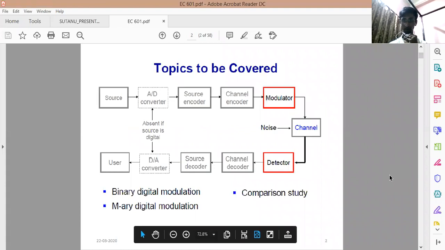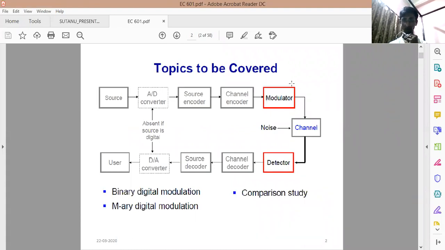This is the first issue where you will get this modulator. Before that, the rest of the parts related to baseband modulation. There are two things I've already discussed: baseband modulation and band pass modulation. In case of carrier modulation, we have discussed modulators, and how much noise is effective for any modulation.